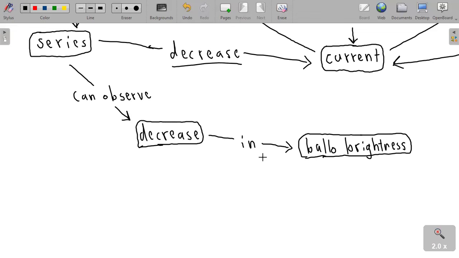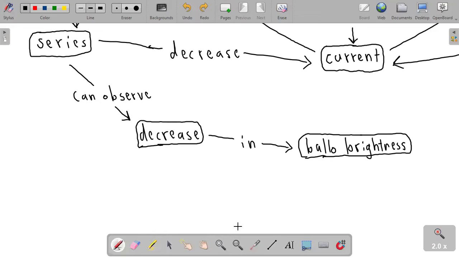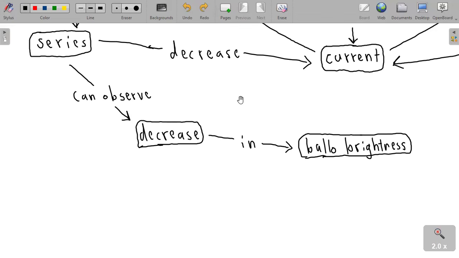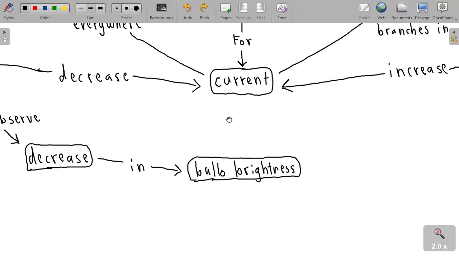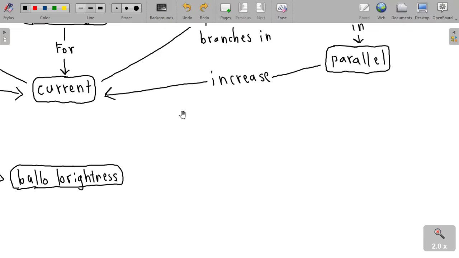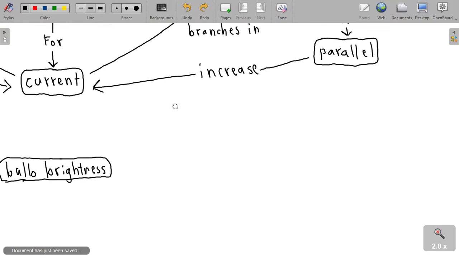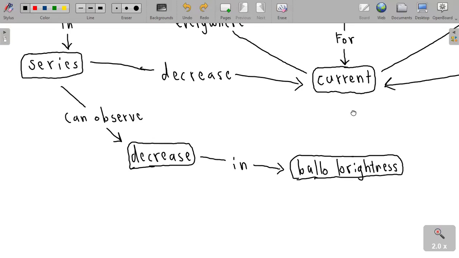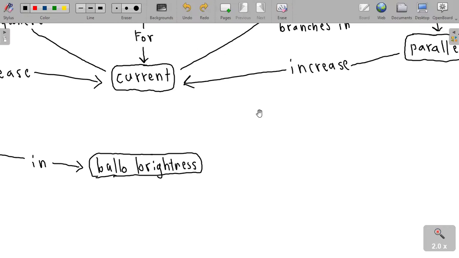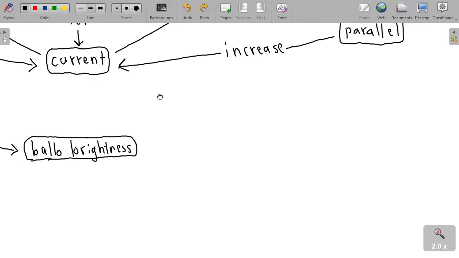So that is for a series circuit. And then for a parallel circuit, you will have the opposite happening. If we go to the parallel side, what are we going to observe?